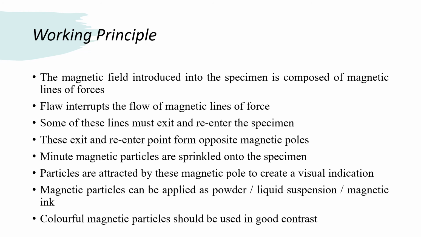Minute magnetic particles are sprinkled onto the specimen. Particles are attracted by these magnetic poles to create a visual indication. The magnetic particles can be applied as a powder, liquid suspension, or magnetic ink. The colored magnetic particles should be used in good contrast.